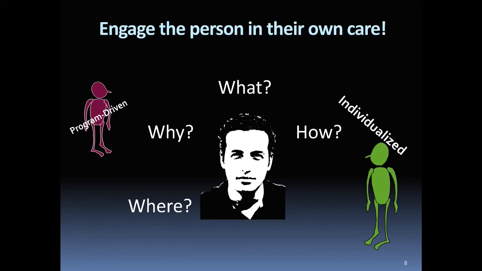So maybe they would want to go to receive treatment at option B as opposed to option A. And when is the client going to begin receiving treatment, and the frequency of services, and then how that all applies to the treatment plan.